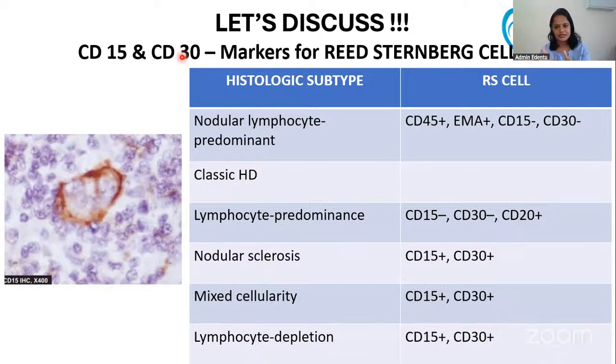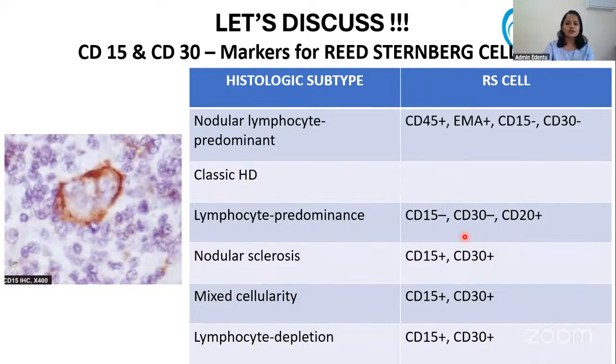But in one histological subtype of Hodgkin's lymphoma, the lymphocyte predominance type, the CD15 and CD30 markers will usually be negative for the Reed-Sternberg cells. Only in that type will it be negative. In all the other types it will be positive.